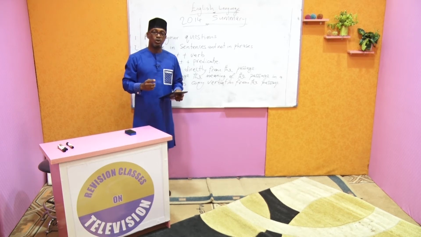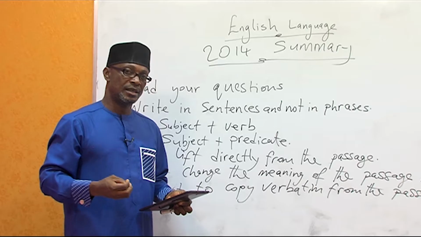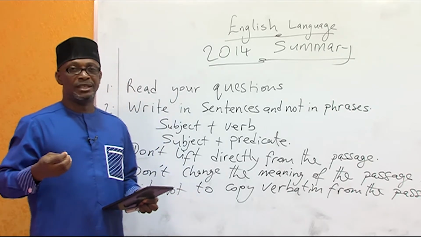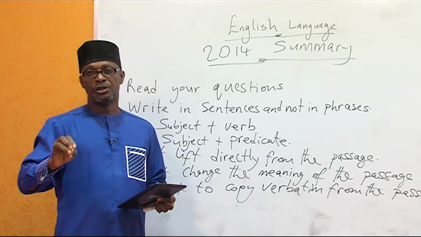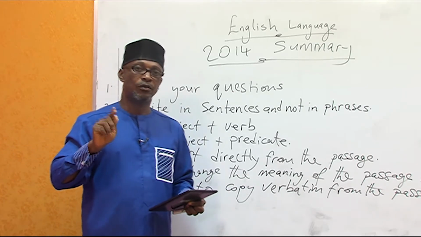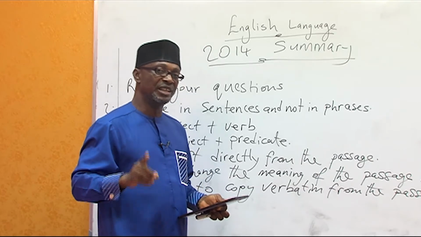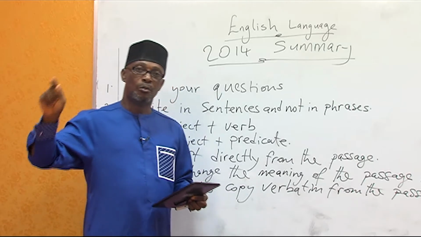You are not supposed to write directly or lift directly from the passage. Use your own words, but in a bid to do this, do not allow your diction to change the meaning, the overall meaning of the passage. It is very, very important, or else you'll be writing out of point.